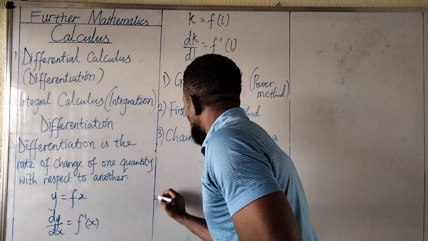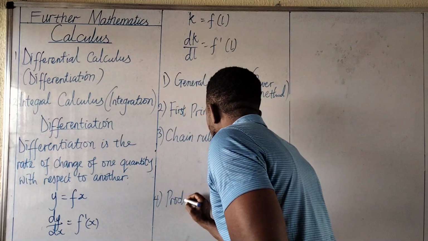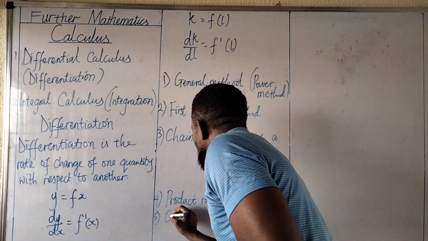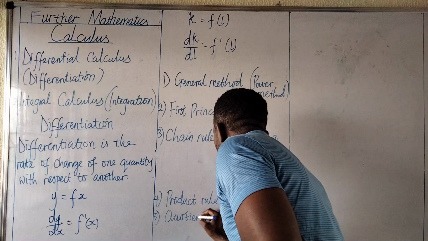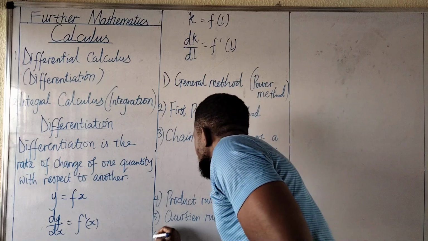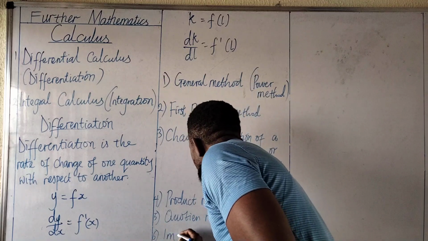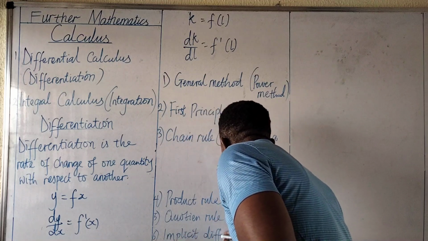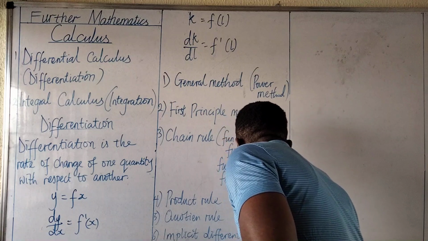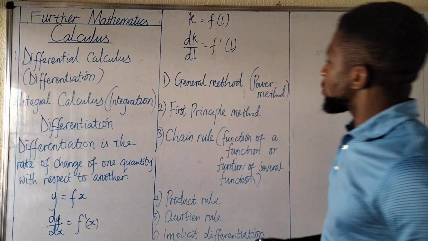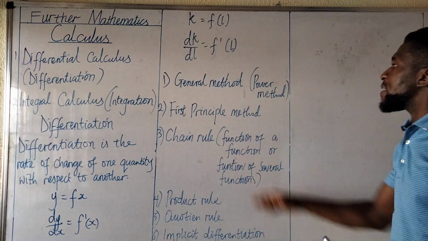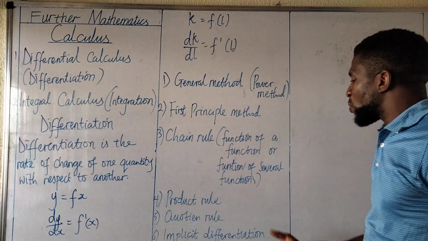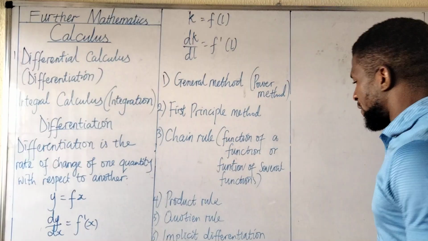Okay, number 4 is one we call product rule. 5 is the quotient rule. And 6 is implicit differentiation. Okay, so we'll be taking these methods one after the other: the general method or power method, the first principle method, the chain rule, product rule, quotient rule, and implicit differentiation.